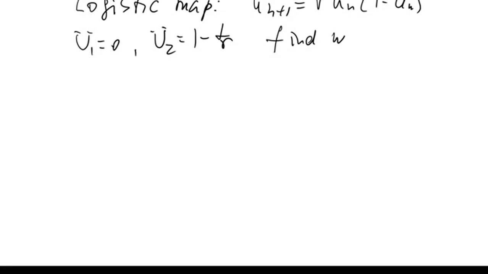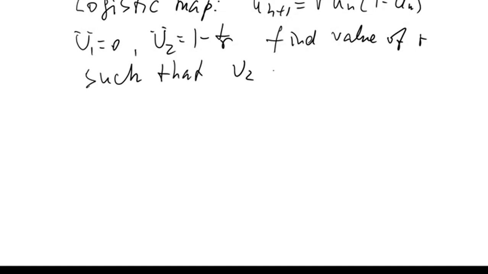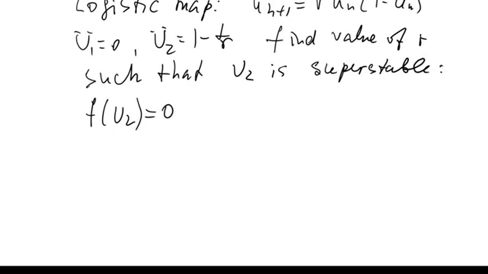So our problem is finding a value of r such that u2 is superstable. So the derivative of f at u2 should be equal to 0.